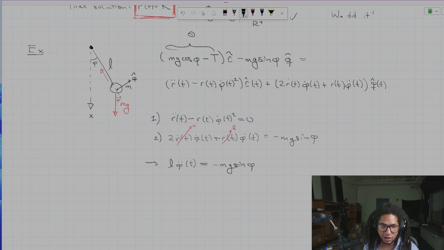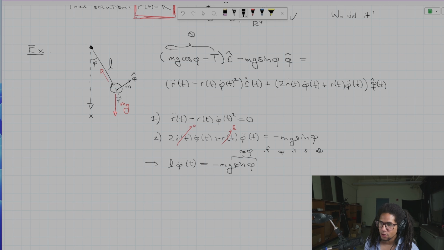But look, this is just an equation in phi. It's a second order, almost linear equation. And why do I say almost linear? Well, the answer is that sine phi for small angles obeys the small angle approximation. So this is approximately equal to phi if phi is small.